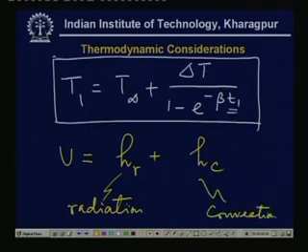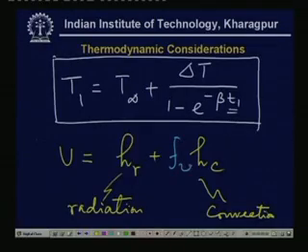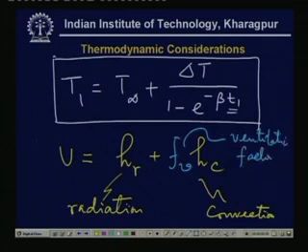Then the convection heat transfer may be altered if we blow air or use some ventilation, etc. So, we have another factor which is the ventilation effect, F b, the ventilation factor. Therefore, we will have to choose H r, H c, F b such that this T1 gets limited to some value. So, this is roughly the thermodynamic considerations.